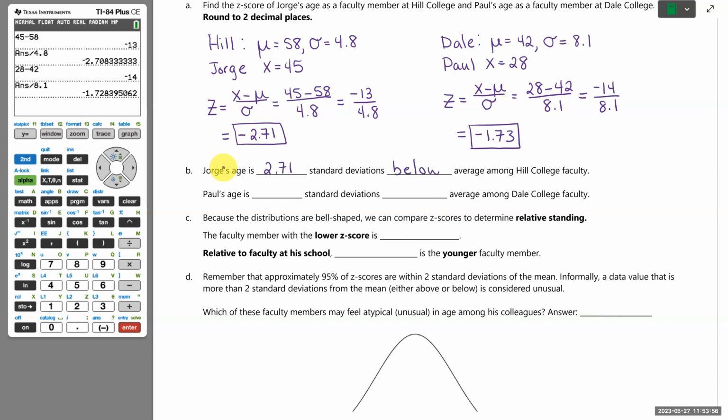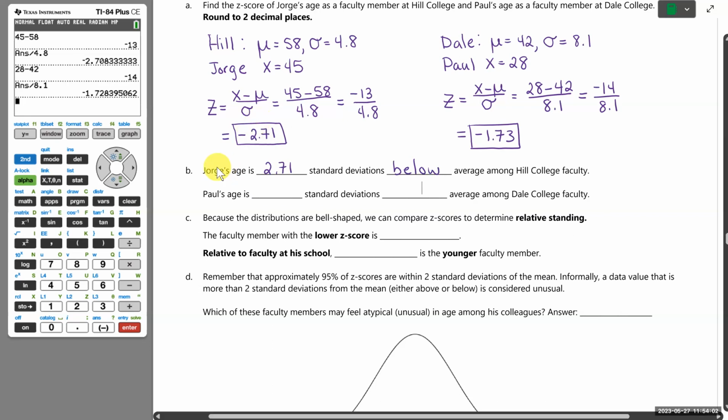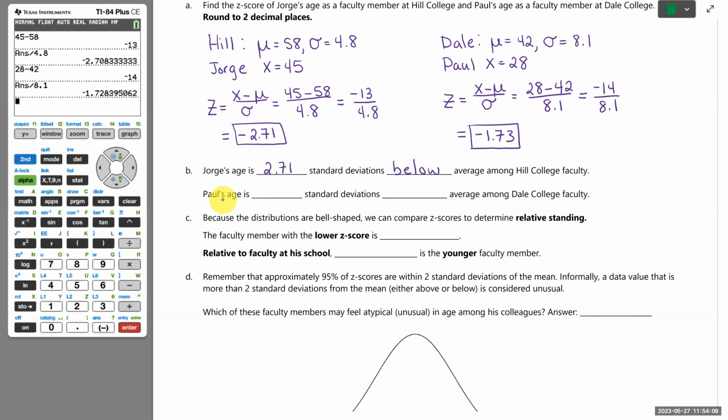So below is indicating the distance below average. So the z-score is negative, but when we speak, we would say this many standard deviations below average. And Paul is also below average, but he is only 1.73 standard deviations below average among his colleagues.